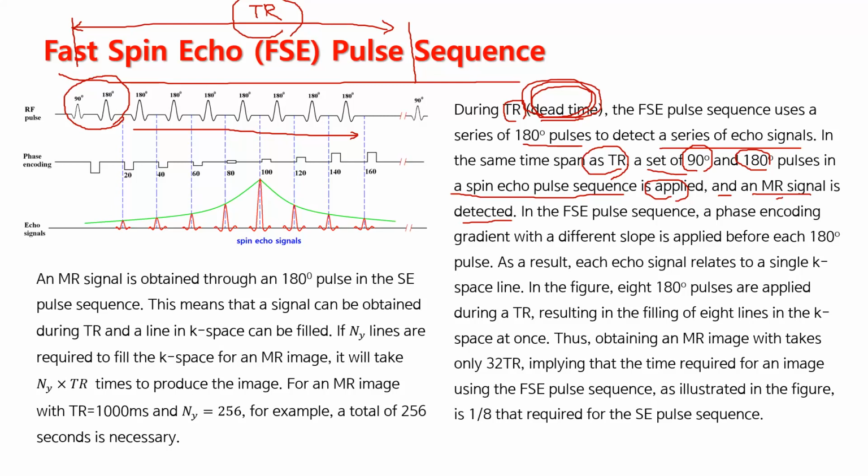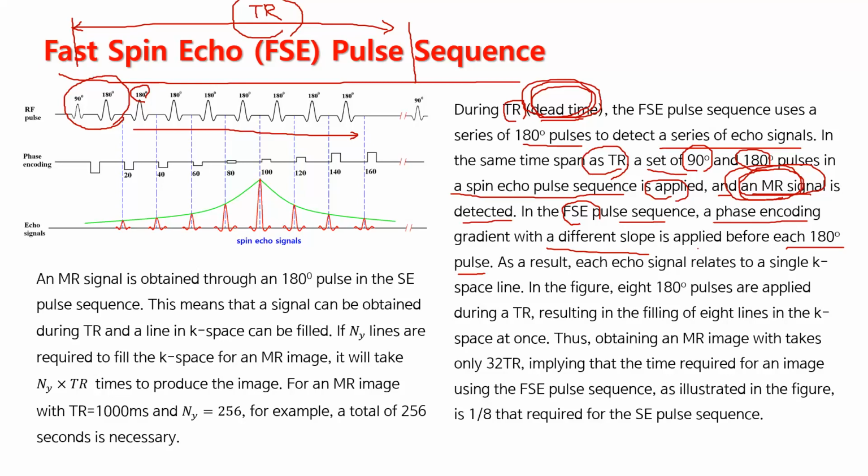So just one MR signal is detected. However, in the FSE pulse sequence, a phase encoding gradient with a different slope is applied before each 180-degree pulse. We are applying the phase encoding gradient before the 180-degree pulse.